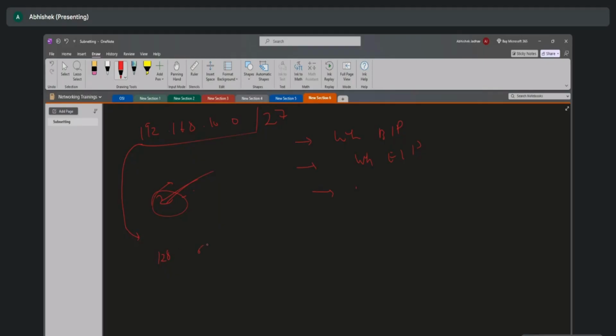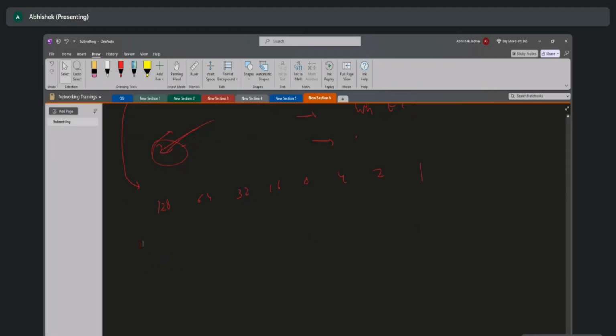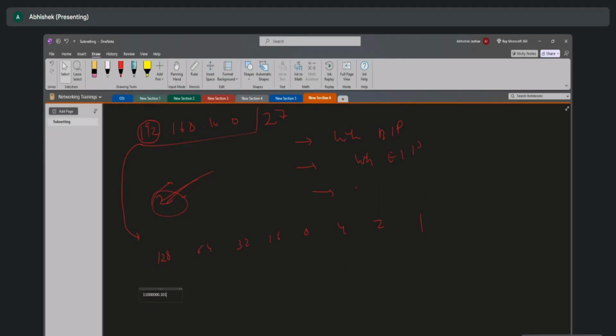You remember this, right? It's 128, 64, 32, 16, 8, 4, 2, 1. Now, what's the binary for 192? 128 plus 64 is 192, so 1, 1, then six 0s. Next, what's the binary for 168? 128 plus 32 is 160, plus 8, so 1 0 1 0 1 0 0 0.